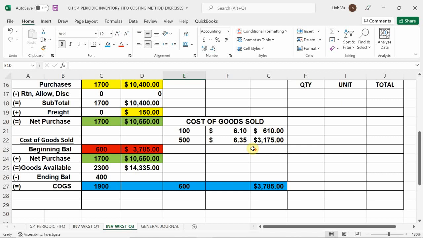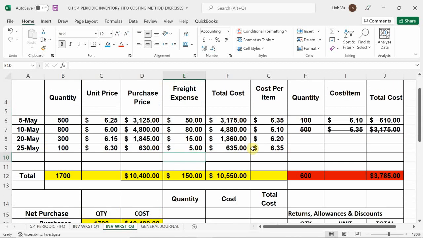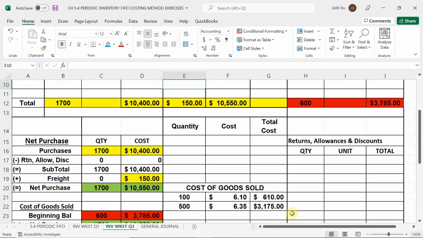So which batch of inventory am I going to sell from next? May 5th, which is the 500 units. So that's exactly what I'm going to do, since I'm going to take all 500 units.